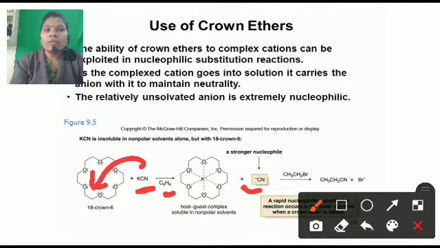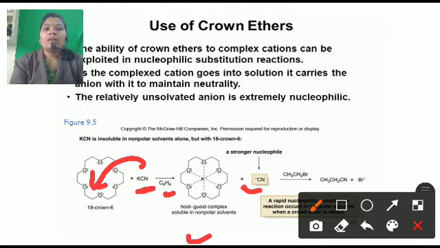The potassium enters the hole of the crown ether and is trapped. The potassium is positively charged and the oxygens are negatively charged, so they are attracted to the potassium. Here the host-guest complex is soluble in the non-polar solvent.